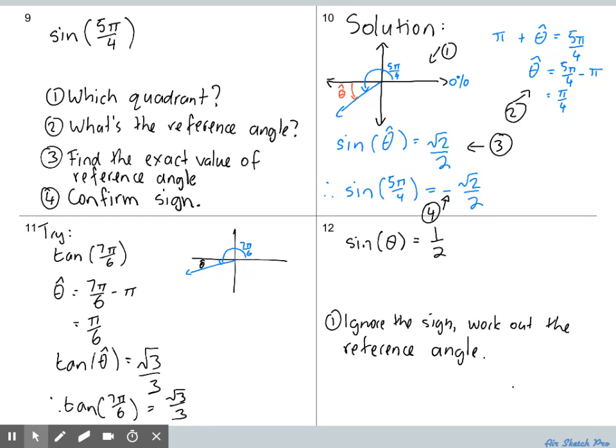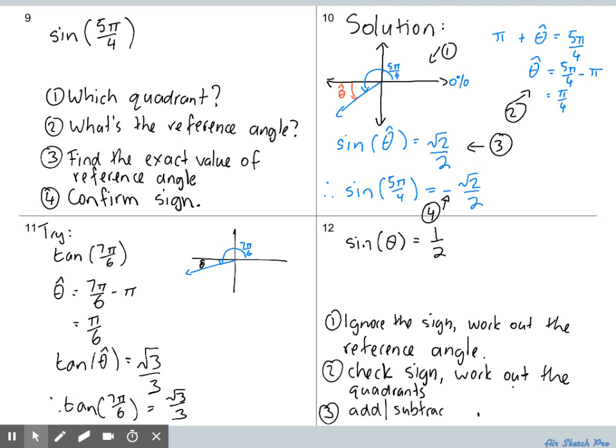So ignore the sign, work out the reference angle. Number 2, now check the sign, work out the quadrants. Number 3, add or subtract the reference angle as appropriate.